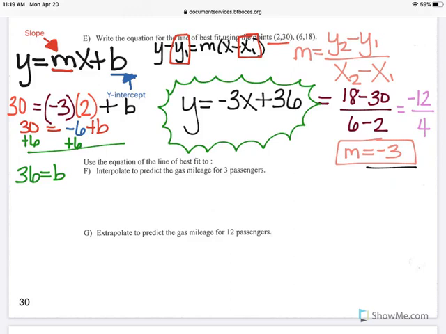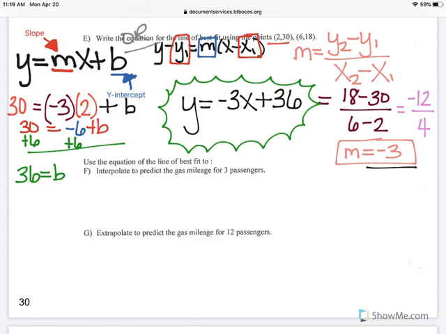You replace x1 with that point that you choose to use, and you also replace m with, in this case, negative 3. And then you would simply solve and get y alone, and by doing that, you are going to end up with the same answer.